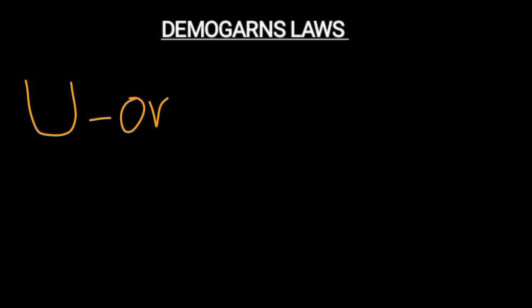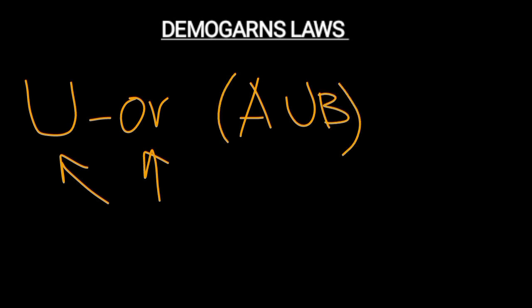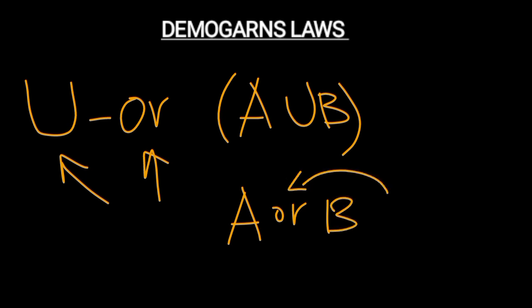If we remove the brackets, in replacement of this symbol we use that word. For example, A union B: we described the set in brackets using the symbol, so outside the bracket we say A or B. We have removed the brackets and described this set using the word.